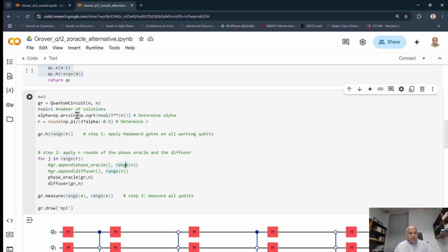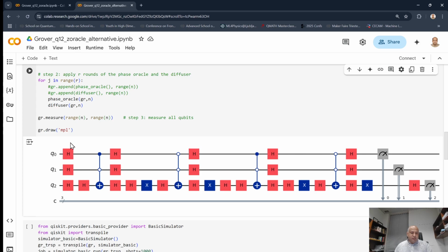And this is where I'm computing alpha, and from alpha this is how I'm computing this number r, and I'm simply rounding it off instead of using the floating function. So r would be rounded off to the nearest integer here. And then you see the first part of the code is Hadamard to all the qubits. So this is just this Hadamard that you see here.